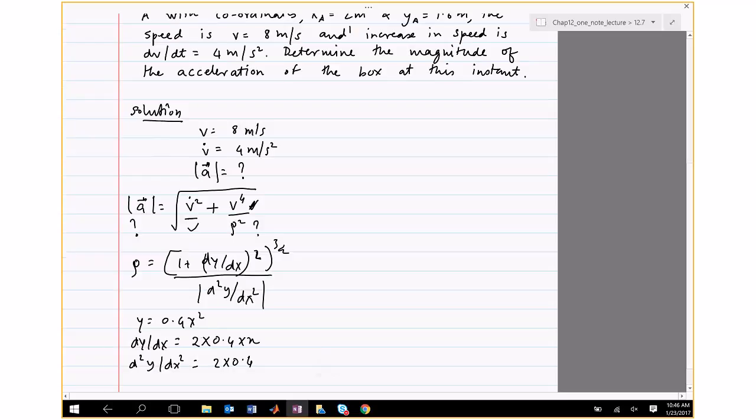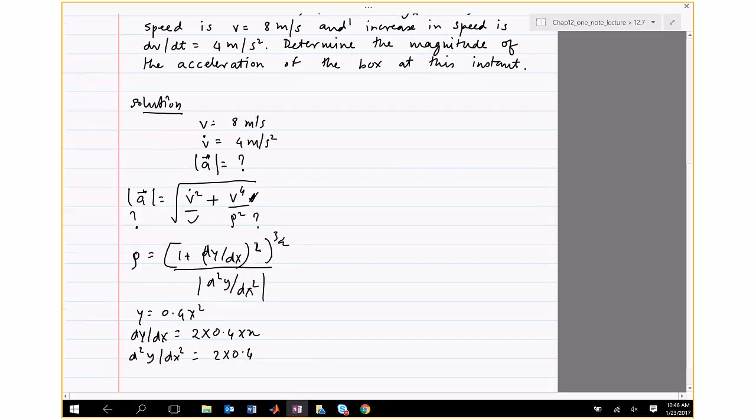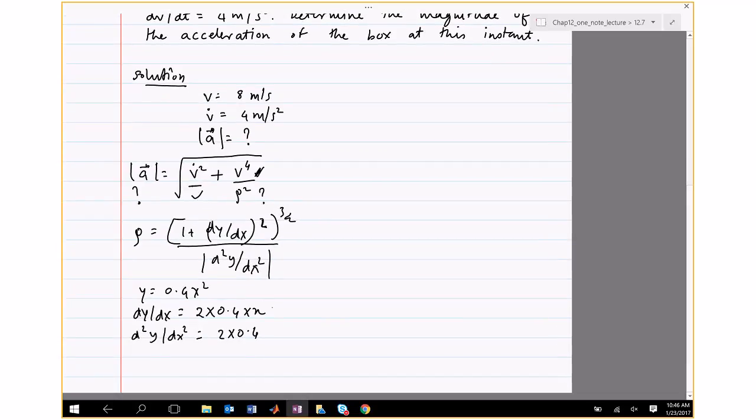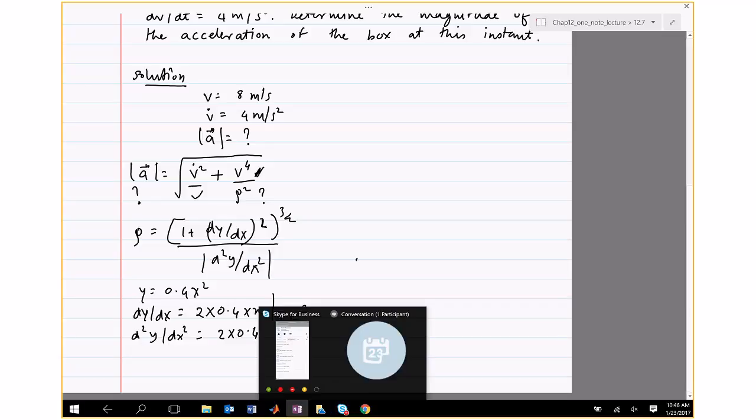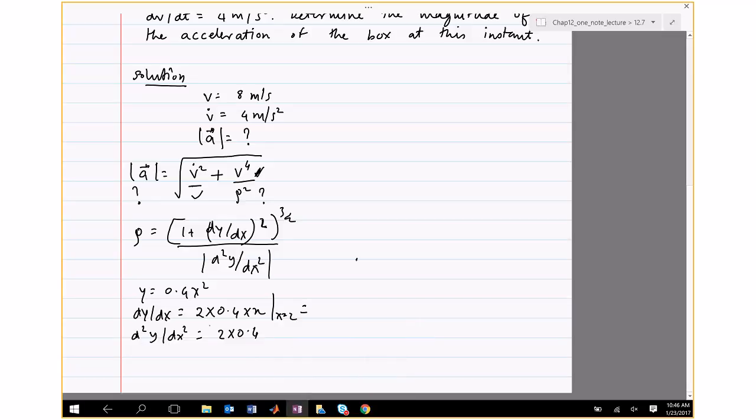So I can put x equals 2 to get dy/dx equals 2 times 0.4 times 2, which is 1.6. The second derivative is just 0.8, it doesn't depend on x. So when you put this in the expression, you get rho equals 8.39 meters.